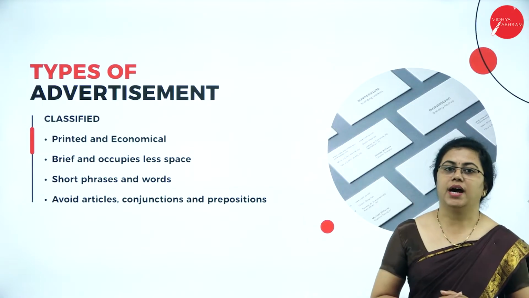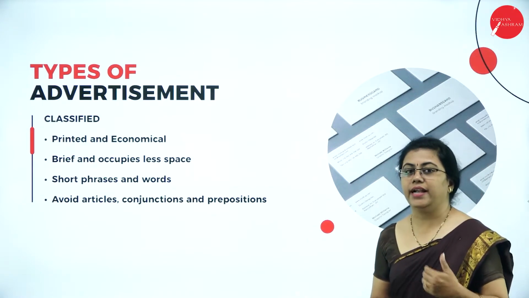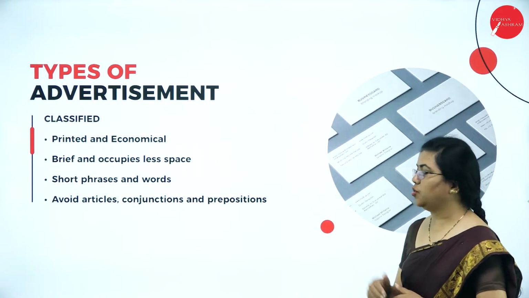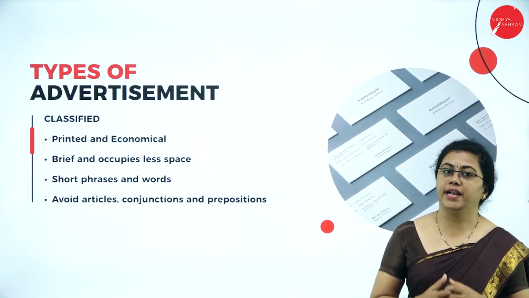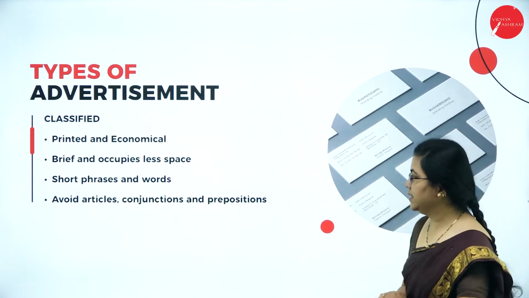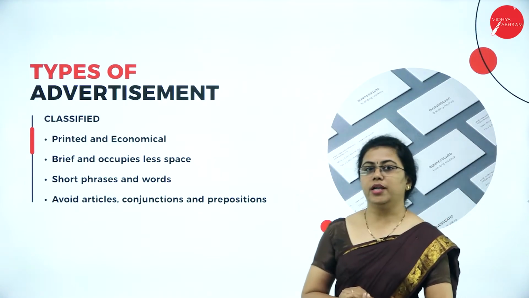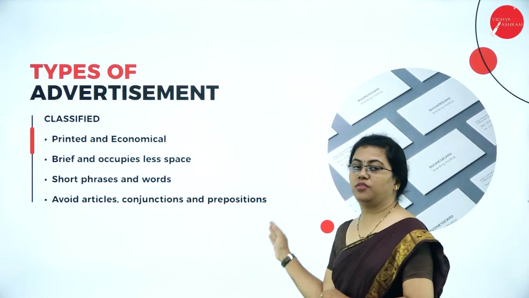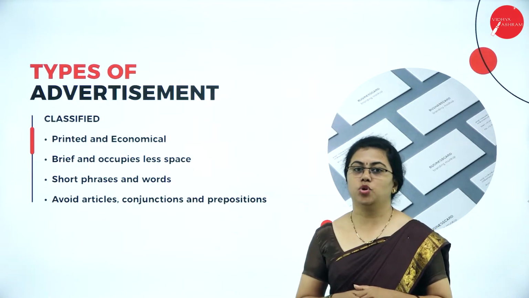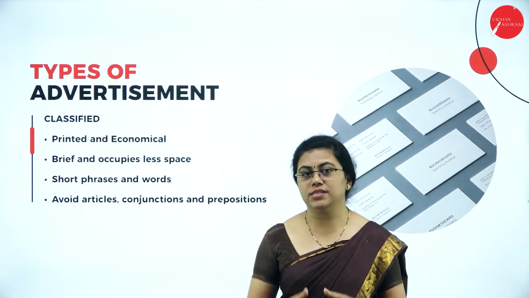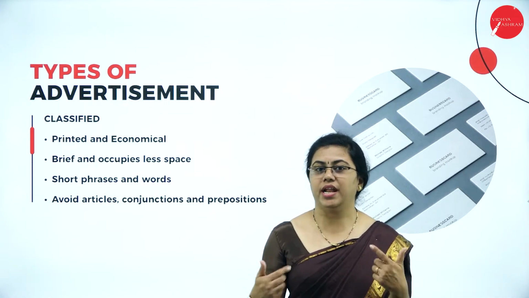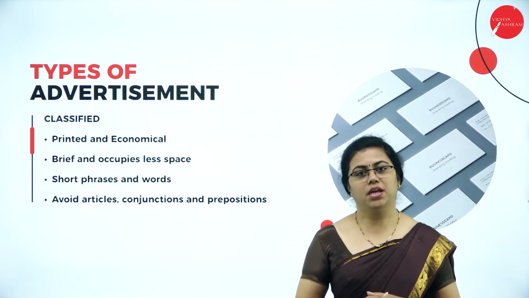This avoids articles, that is a, an and the. It also avoids conjunctions wherein you join two sentences and create new big sentences, or it can also avoid prepositions. So these are the three different parts of speech which occupy a lot of space. They occupy a lot of space because the sentence that you create using these will actually be longer.